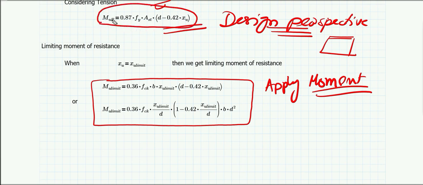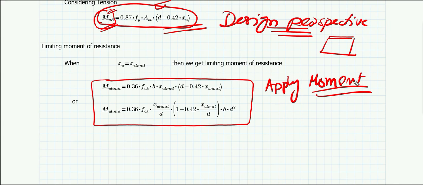So while designing a structure, the structure is not built yet, but you know the maximum load or the maximum moment that can come. You want to design the structure, then you go for this particular equation, because you are going to design. There you can find out the maximum moment of resistance, that means how much moment the section will take.